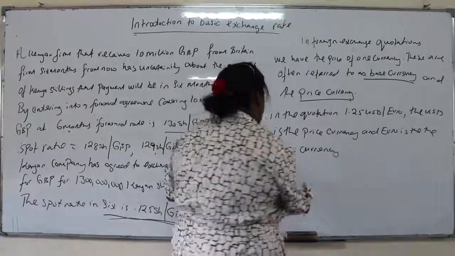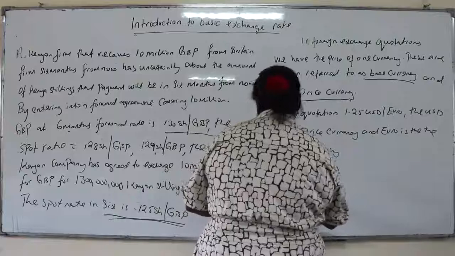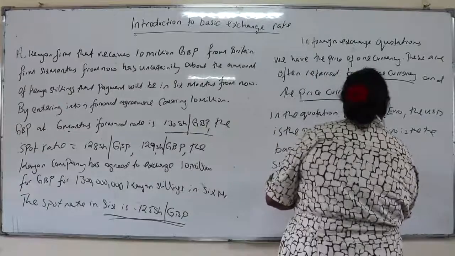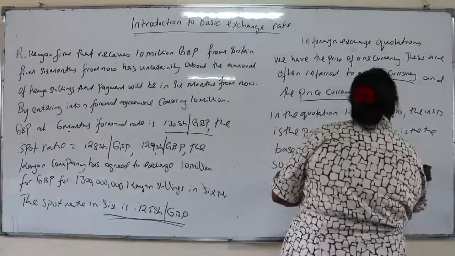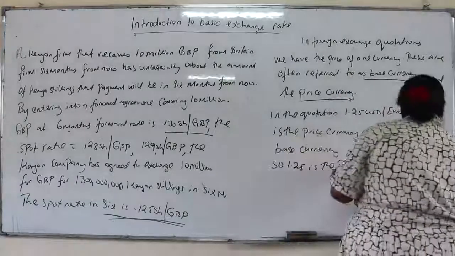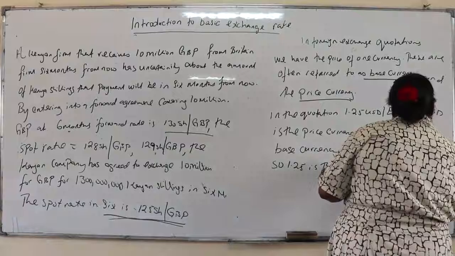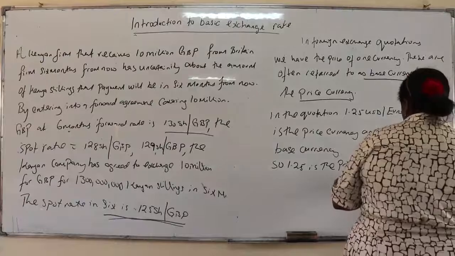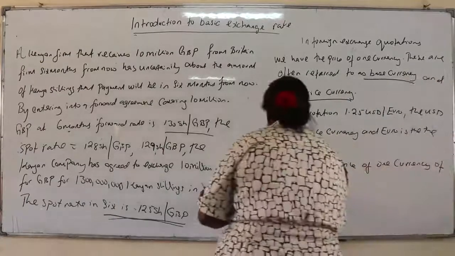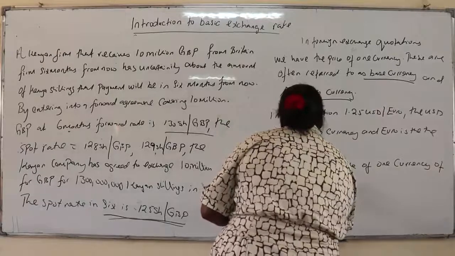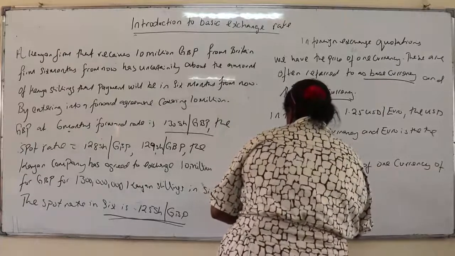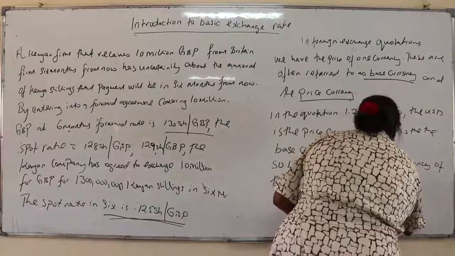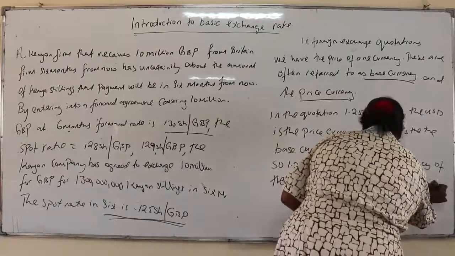So maybe I can write and say, so 1.25 is the price of one currency, of the base currency in terms of the other.